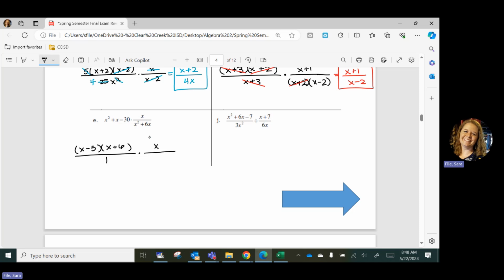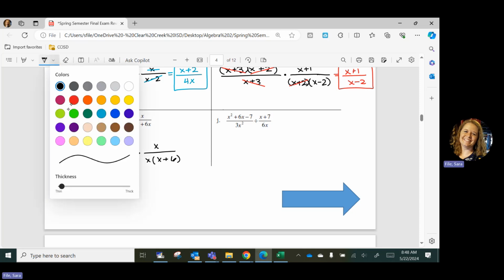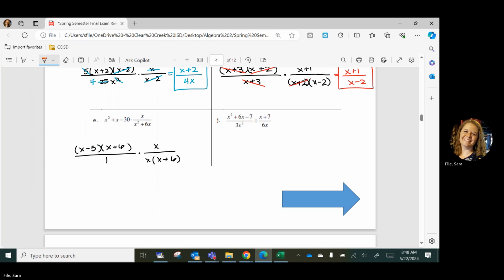And here there's a GCF of x that would leave us with x plus 6. And so we can see that that would reduce the x plus 6 and the x. So you'd simply be left with x minus 5. You don't have to put over 1. There's nothing else left in the denominator. It's an understood 1.